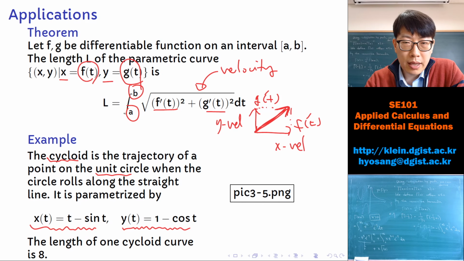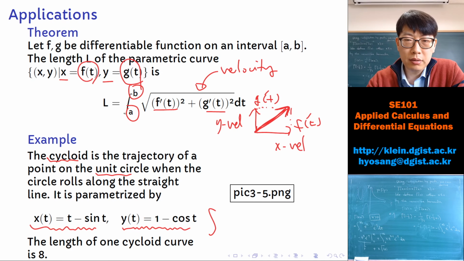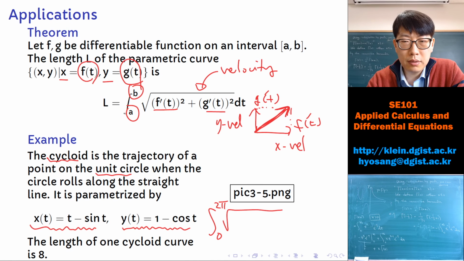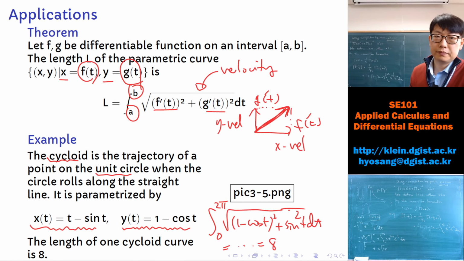In order to get the length of one cycle, you have to take the integration from 0 to 2 pi of the square root of x prime t, which is 1 minus cosine t squared, plus y prime t, which is sine squared t. Okay. So if you compute the integration, you get 8.